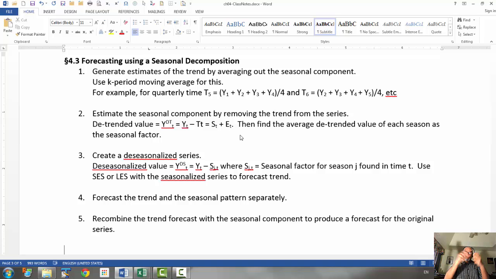So the difference between additive and multiplicative model is wherever we add, we multiply in the multiplicative model. Wherever we subtract, we divide in the multiplicative model, or vice versa. If you multiply here, then you add in the additive model. If you divide in the multiplicative model, you subtract in the additive model. So you have to keep that in mind.